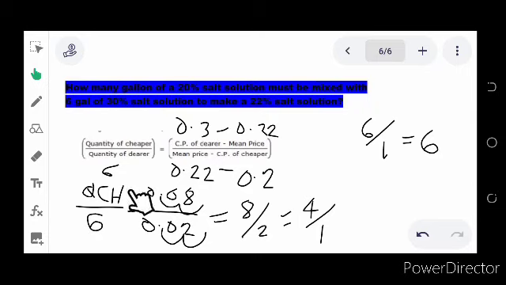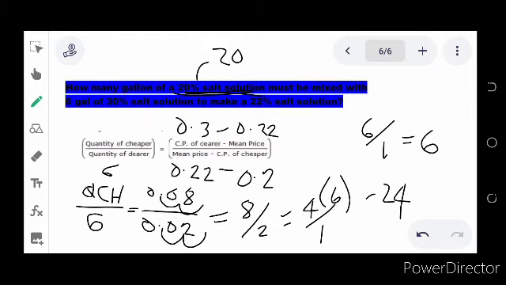So each part is 6. Multiply the 4 parts here by 6, so that's 24. That means the cheaper item of those being combined should be 24 gallons. And in that case, the cheaper one is the 20% salt solution, so this will be 24 gallons. So that is now your answer.